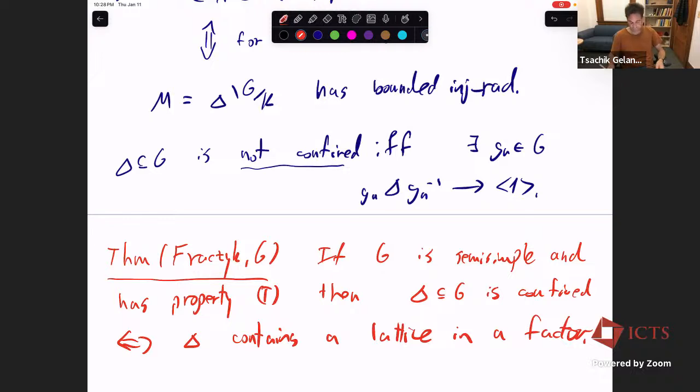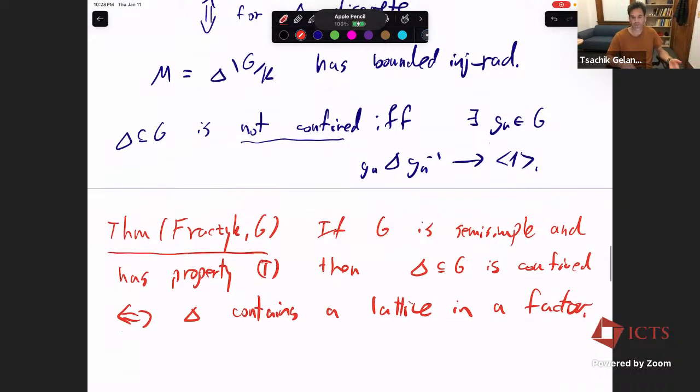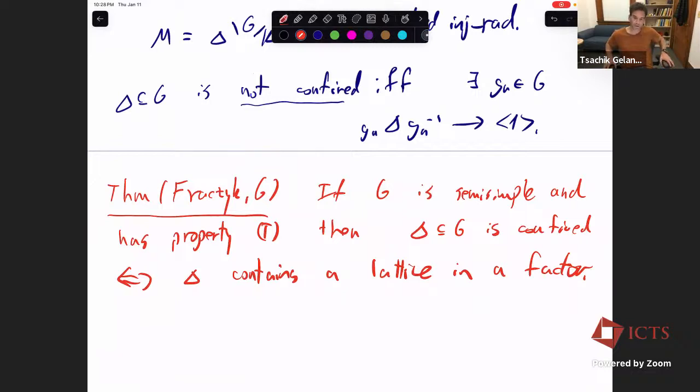So if G itself is simple, like SL3R, then confined subgroups are lattices. If G is not simple, like a product G1 times G2, delta can be a lattice in G1, and then it is confined.